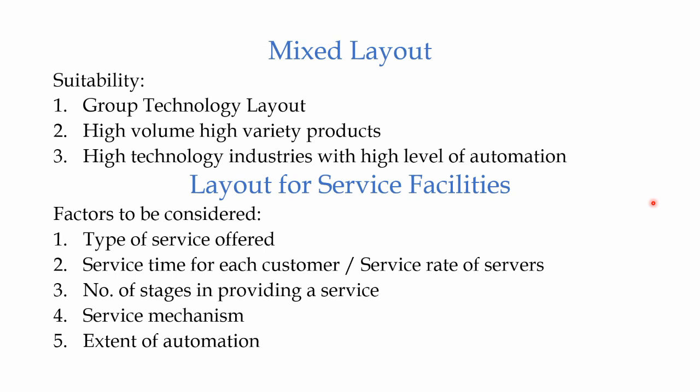By group technology, similar products with similar designs are grouped, and the activities will be carried out by machines which are mostly numerically controlled in a flexible manufacturing system. And high technology industries and high level of automation will be there. So if the nature of product is such that these things are met, in such case the mixed layout is suitable for such a product.